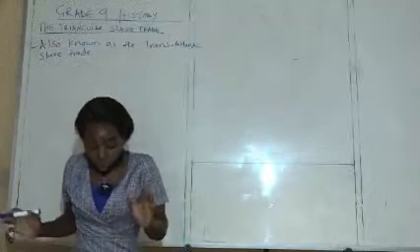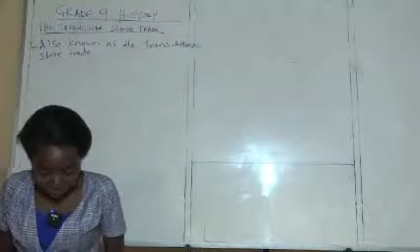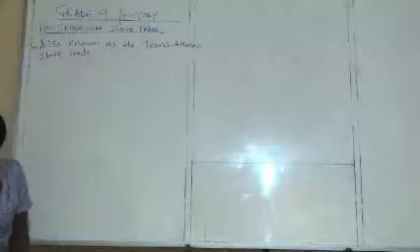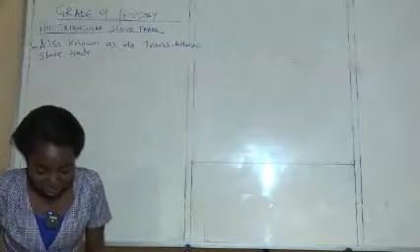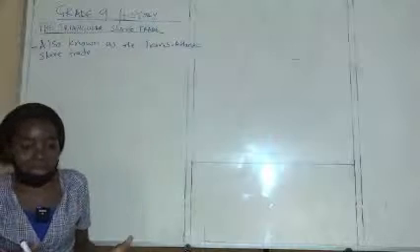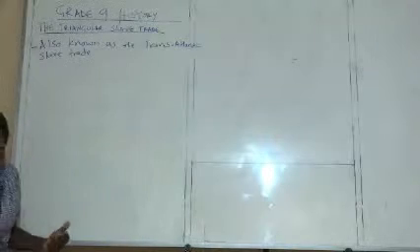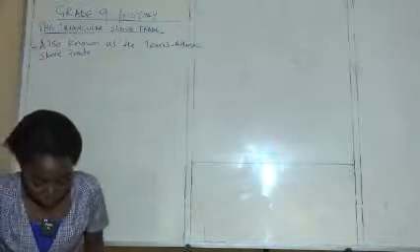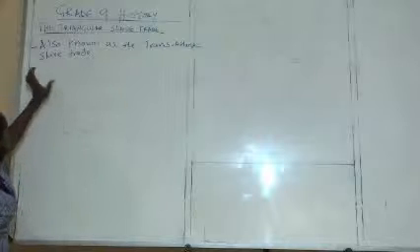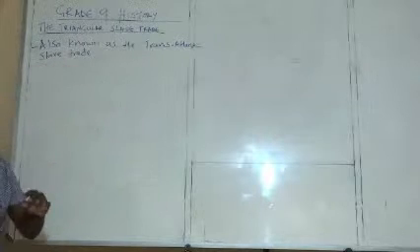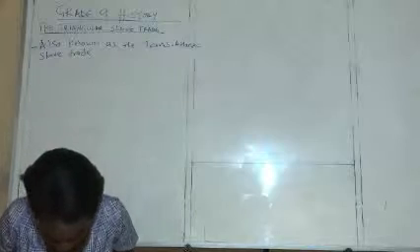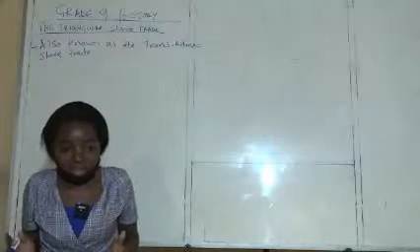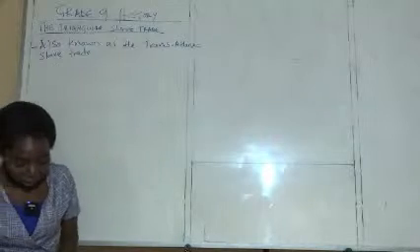So it is also known as the transatlantic slave trade because it took place across the Atlantic Ocean between the 16th and 17th century. So I say it is also called Atlantic slave trade. So this trade took place across the Atlantic Ocean between the 16th and 17th century.